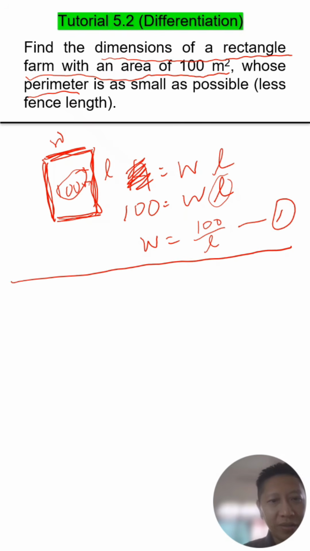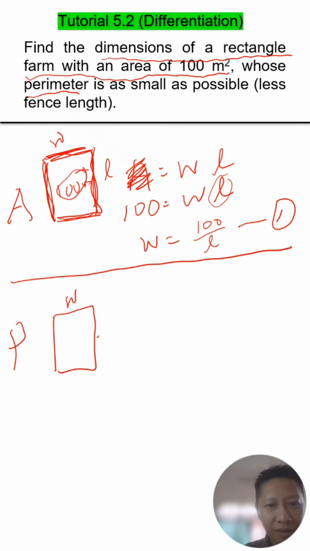This is all about the area. Now we look from the perimeter, the fence perspective here. Perimeter is made out of the width plus the length plus the width plus the length.